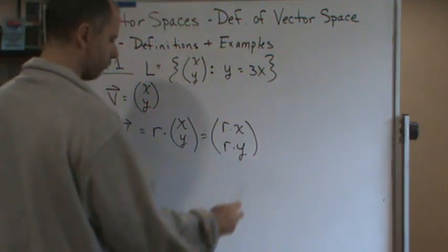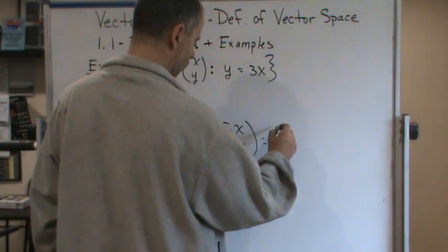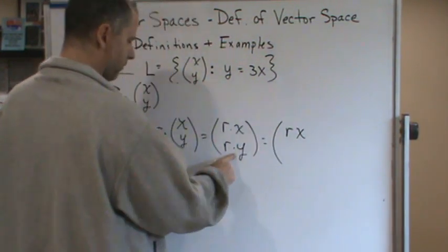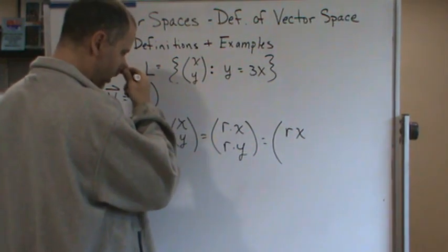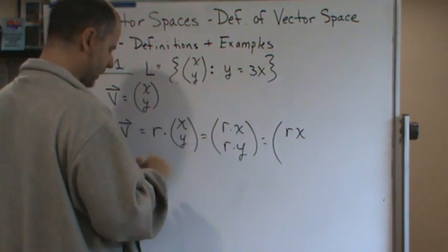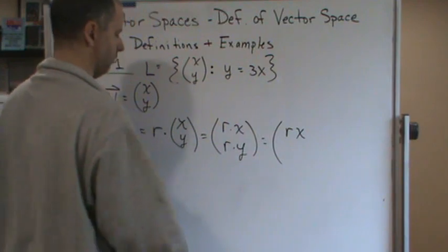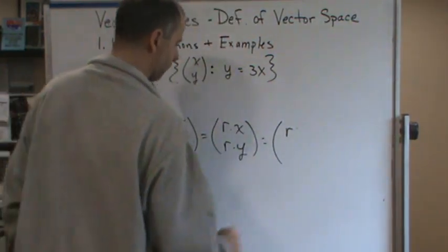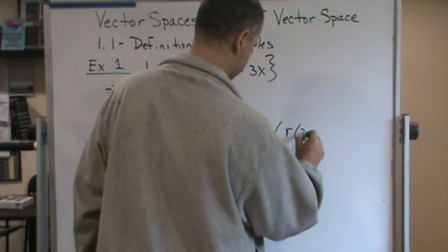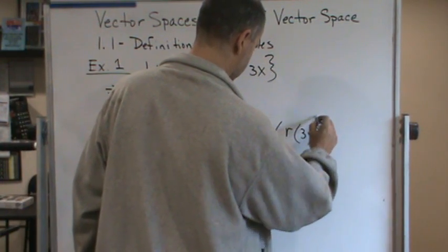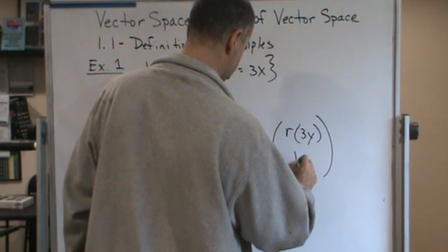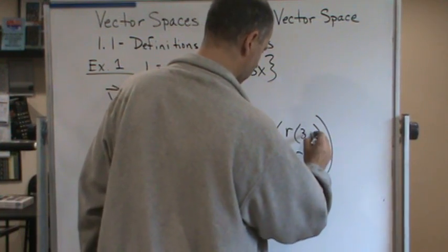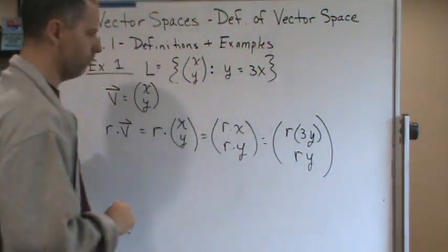Now, let's rewrite this. We get r times x. Oh, hold on. Did this backwards. y is 3 times x, this way.